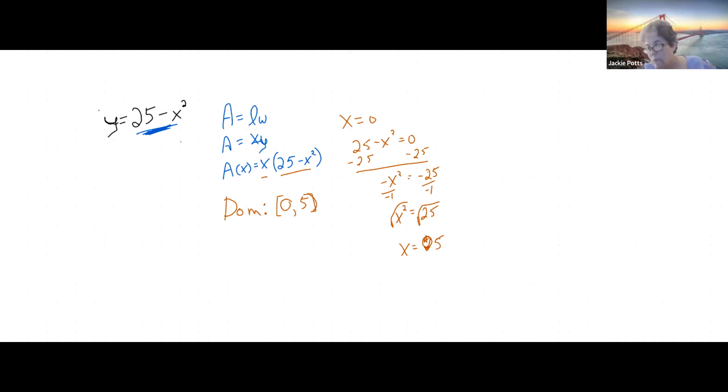And it asks us to graph to find the largest area. I'm going to graph that and look for my peak for y. So let me switch screens. I'm going to go to Desmos.